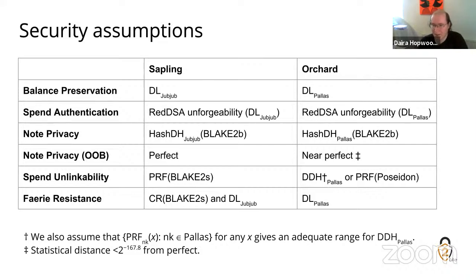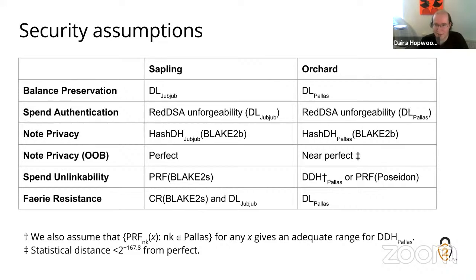So the reason for doing it this way and introducing Poseidon is, even if you could break discrete log, you are able to send notes out of band, or if the adversary doesn't know the destination address, then you would still have some security.